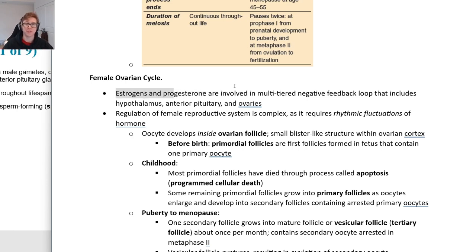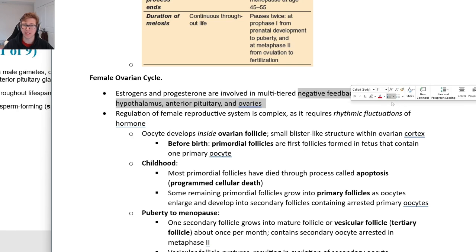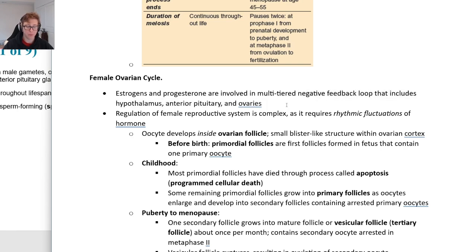Estrogens and progesterones are involved in a multi-tiered negative feedback loop that includes the hypothalamus, anterior pituitary gland, and ovaries. Now, we talked about this previously in the male section where it was the HPG axis. Remember, the hypothalamus, H, pituitary gland, P, and gonads, G. In the males, it was testes.